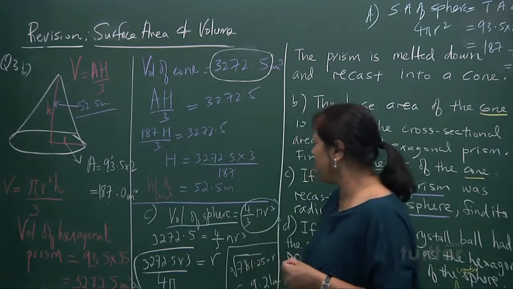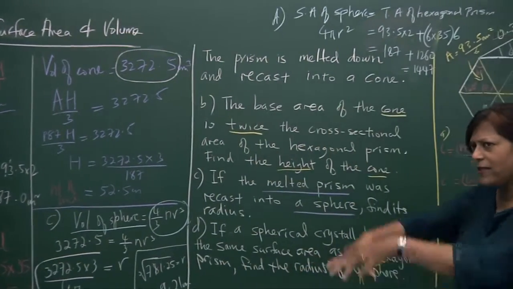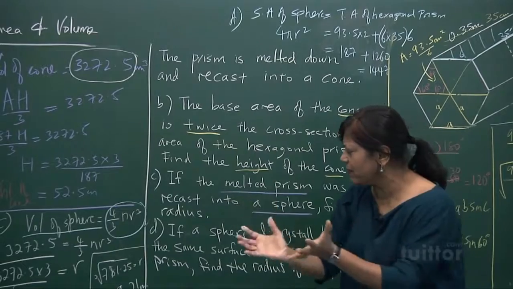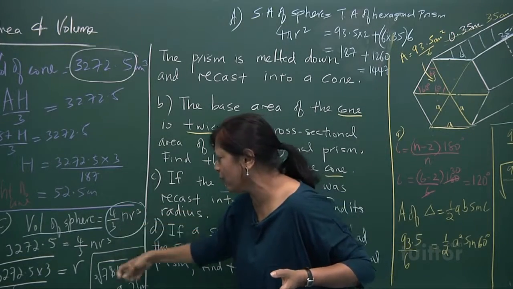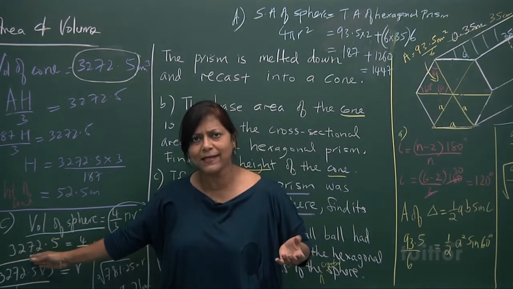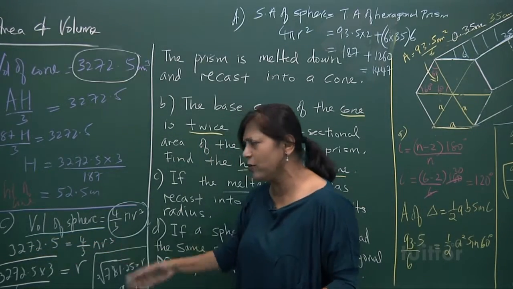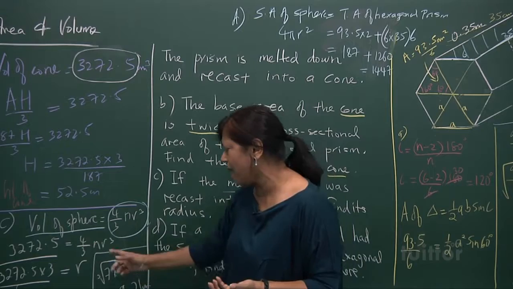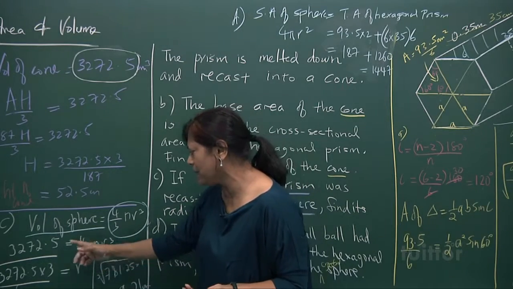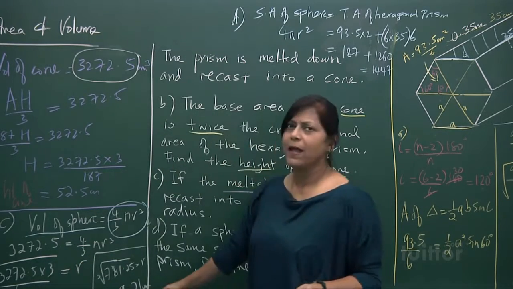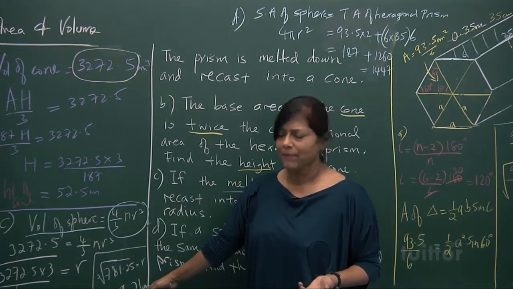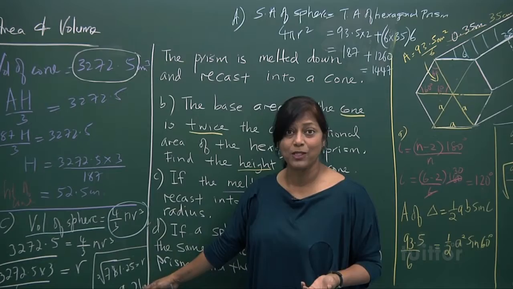Now as for the sphere, if it's melted and formed into a sphere, the volume, 4/3 pi r cubed, equals the volume of the hexagonal prism. And all you need to do is find r. Make r the subject, multiply by 3, divide by 4 pi, take the cube root of it, and look at it, the radius is 9.2.